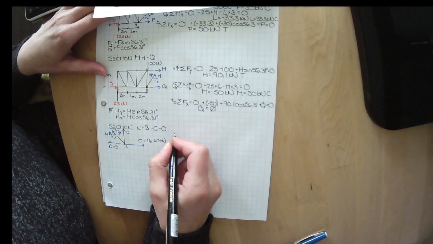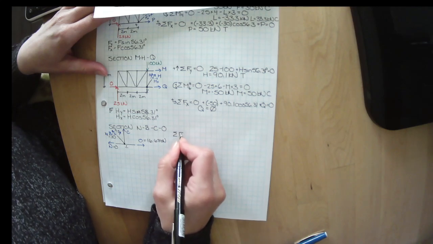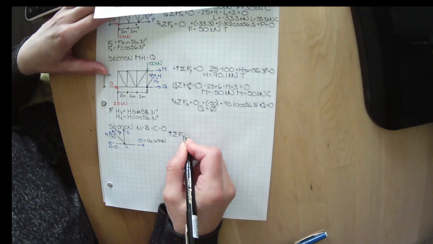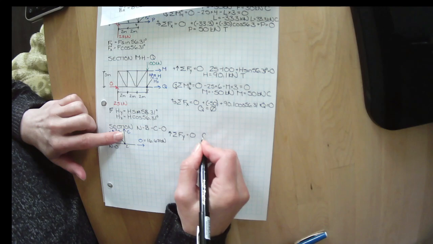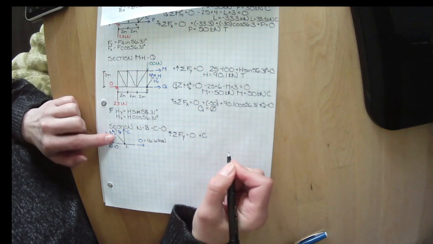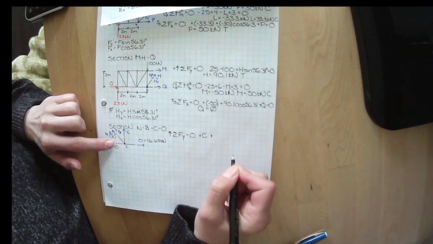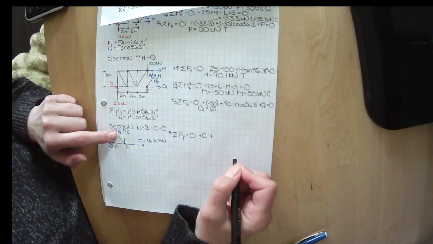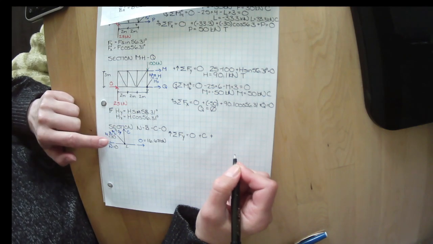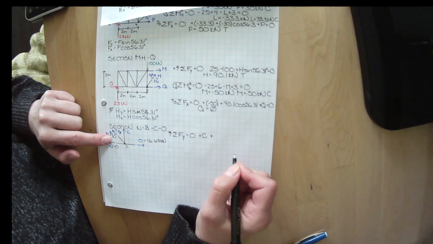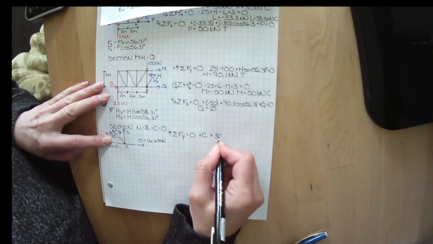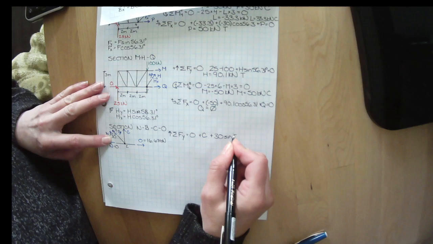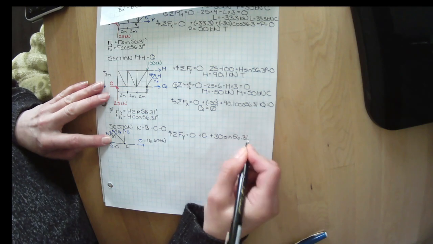I am going to sum my forces in the y direction with everything upwards being positive. I've got C going upwards, and I've got By going upwards, so plus By. By, we know, is B times the sine of 56.31, or 30 times the sine of 56.31.